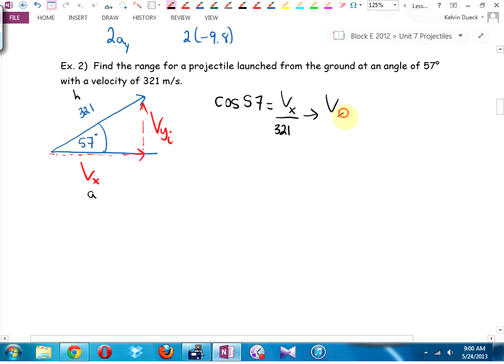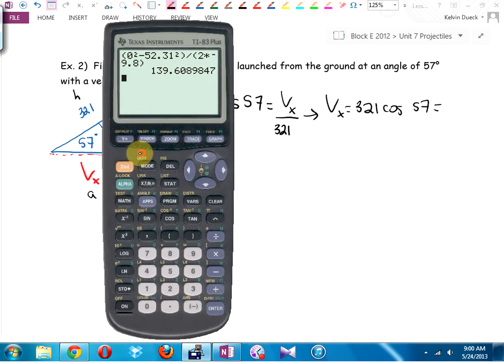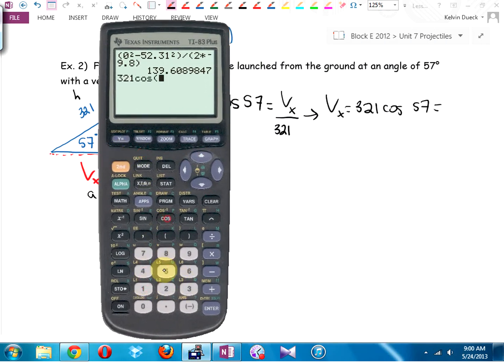So are you saying that Vx equals 321 cos 57? Is that what you're saying, Sean? Because you would be correct. 321 cos 57 is 174.83.